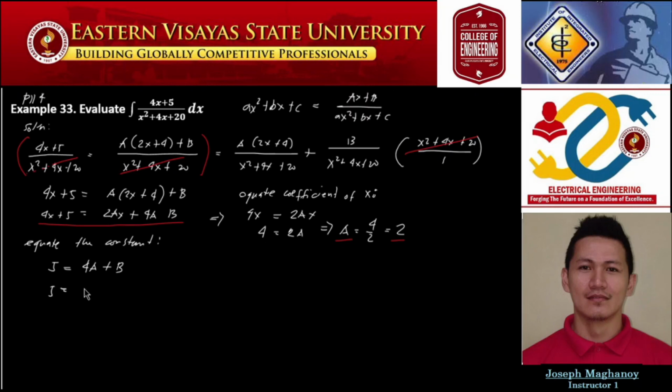So 4 times 2 plus B. So finally, our B is equal to, we have 8, we transfer it to the other side, that will be negative 3. So 5 minus 8, that's negative 3. So that's our value for B. We already have the value for A. So what is our next move? We substitute the values of A and B into our partial fraction decomposition.